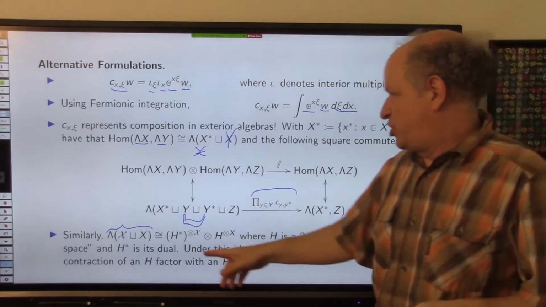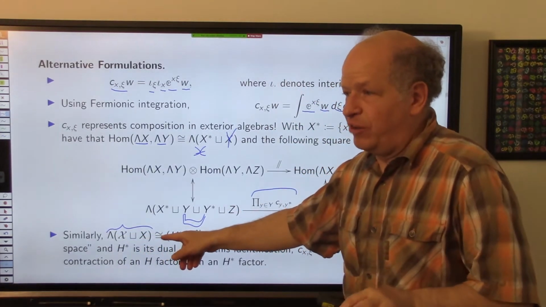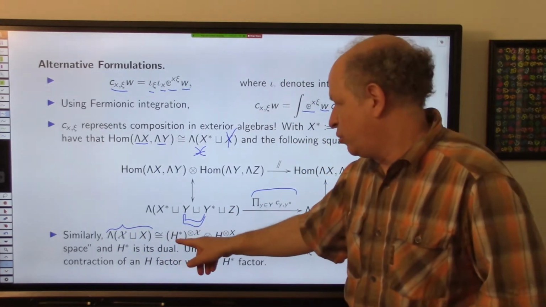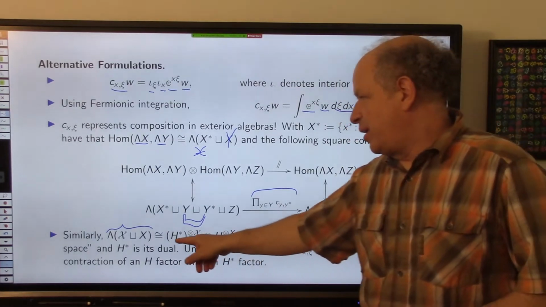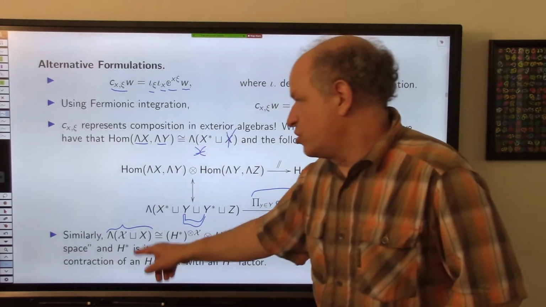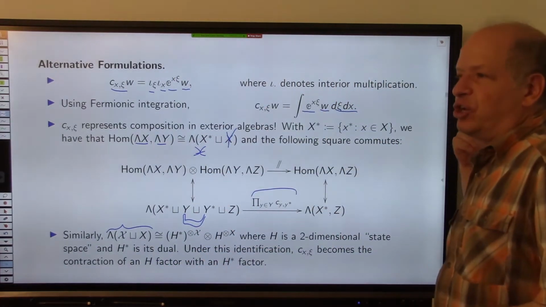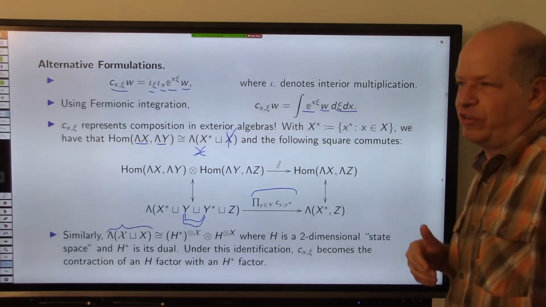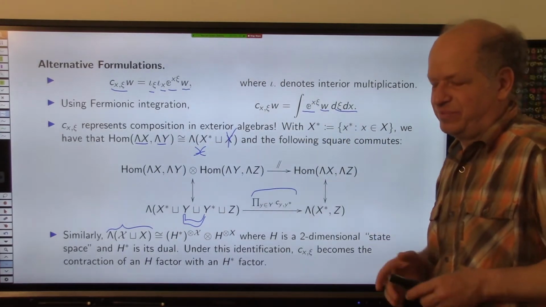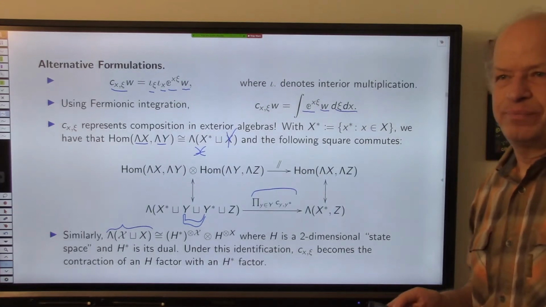Okay? So I could write the exterior algebra, and I have to be very careful about signs when I do that, as some tensor product of tensor powers. And then contraction is simply contraction like in the examples I've shown before where you took powers of a vector space.